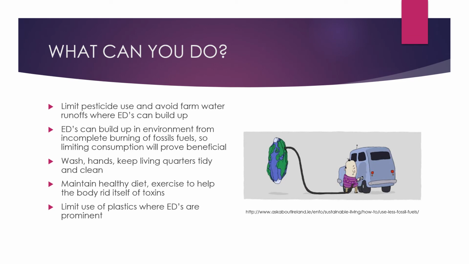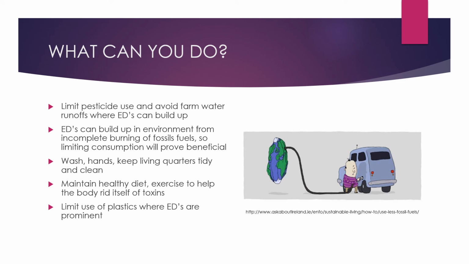So all that being said, what can you do? So the first thing I wanted to mention, and that is because this pertains to you guys the most, is to limit pesticide use if at all possible. Pesticides have chemicals beyond just endocrine disruptors that can be detrimental to health, and so as much limitation as possible would be good.